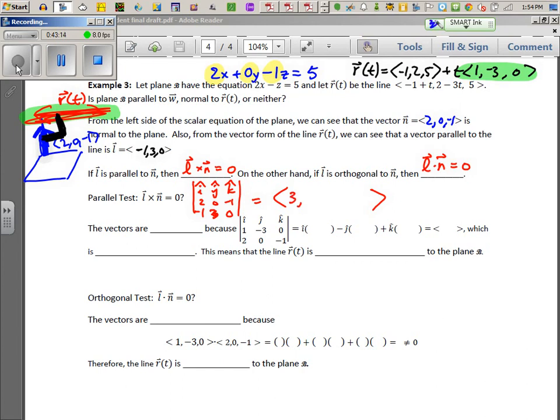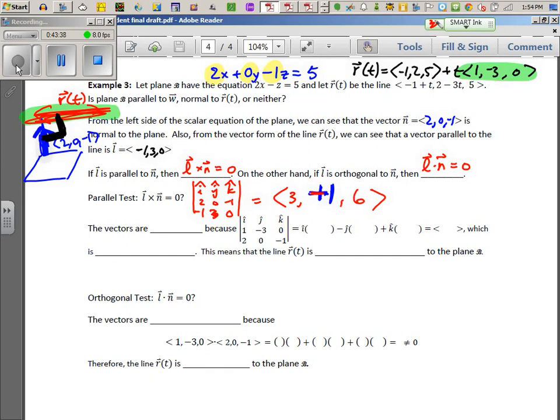There's a mandatory sign change on the middle term. The second term of the cross product is 0 minus 1, so minus 1, but that was already negated, so this becomes a plus 1. You'll have to convince yourself of that middle value. And the last one is 6 minus 0, so 6. So 3, 1, 6 is our cross product vector.